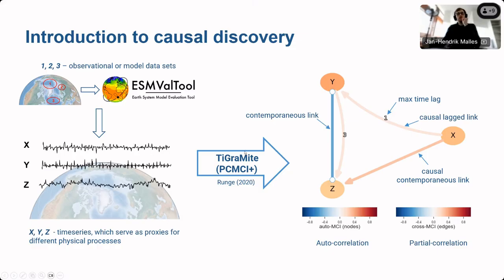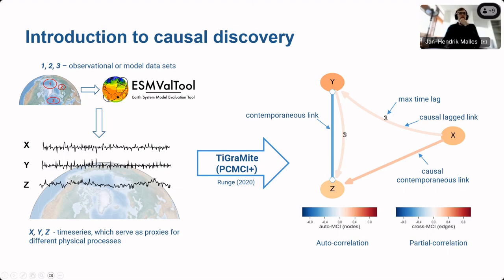It helps you find causal graphs from time series data. So for example, here we have three different time series of three different variables, which might be some proxies of physical processes, or just temperature data, whatever.